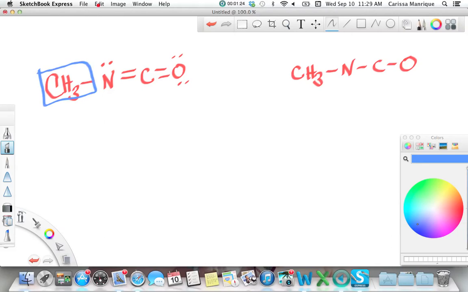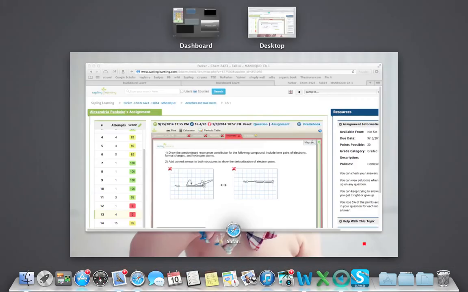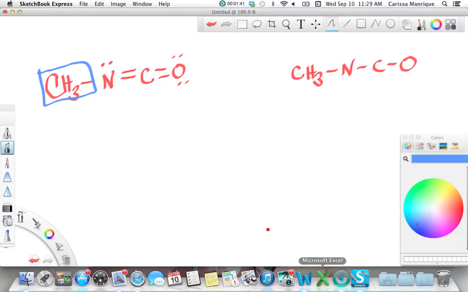Now, the other thing is, electrons are negatively charged, so they're going to be attracted to two things. Sorry, this just went away again.